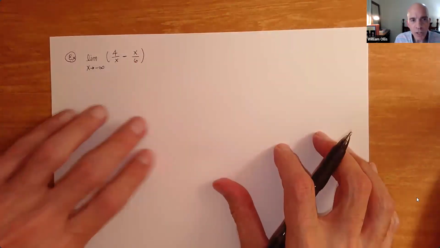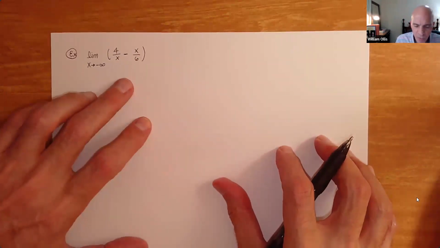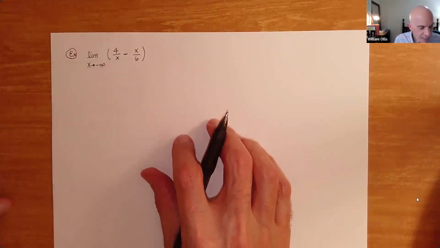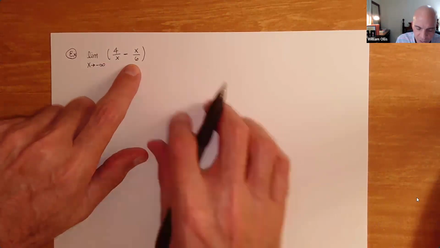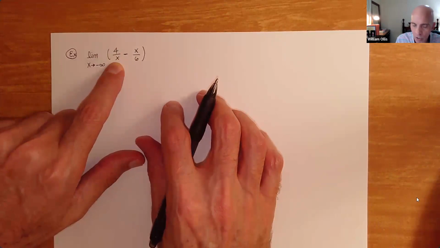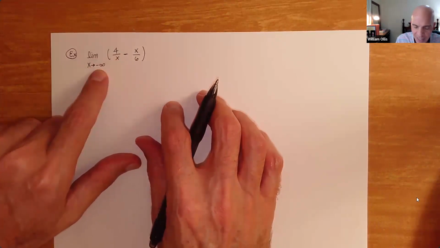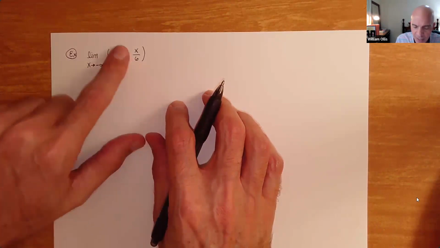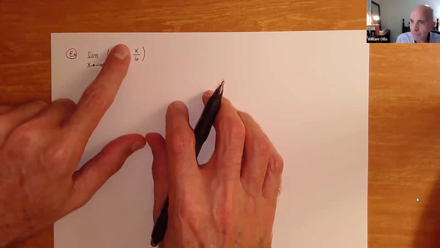Now, when you look at this, you're thinking, well, this is not really what I expected, 4 over x minus x over 6, because you look at this and say, well, this term would actually approach 0 because we have 4 divided by x and x is passing to negative infinity. And then here you're thinking this particular term will become infinite.